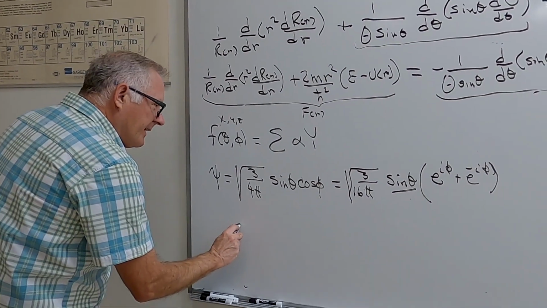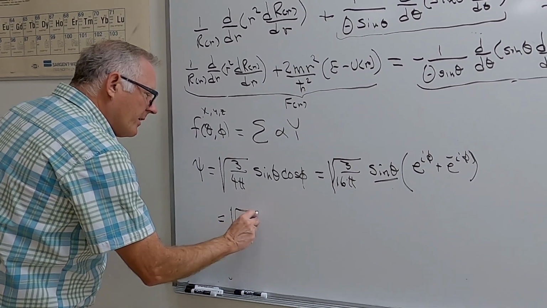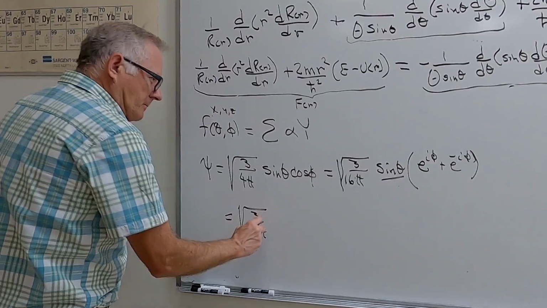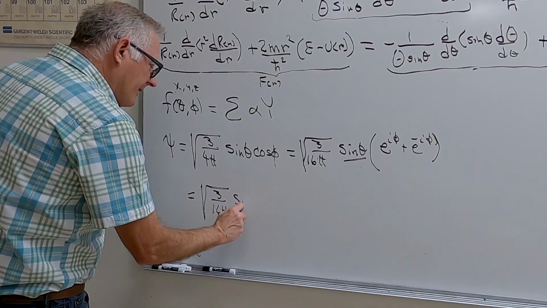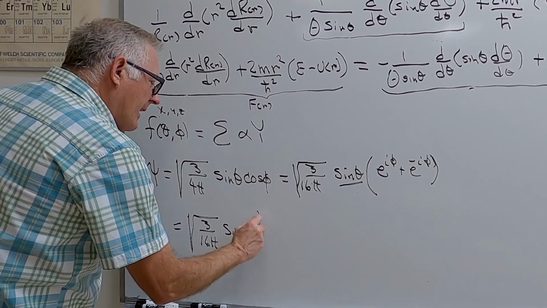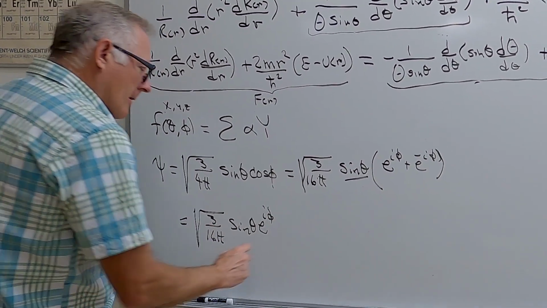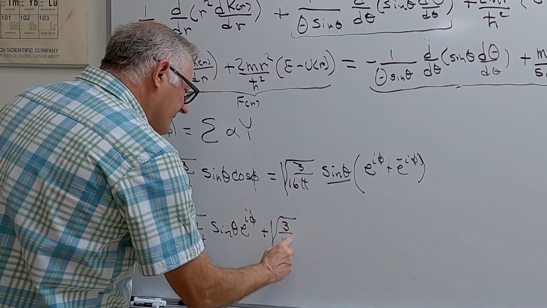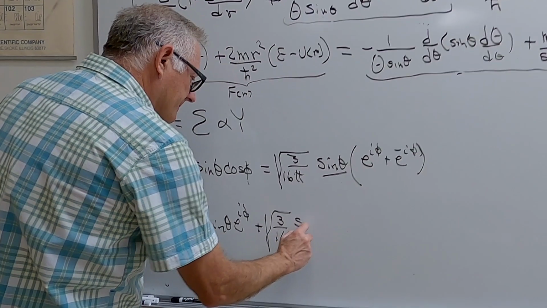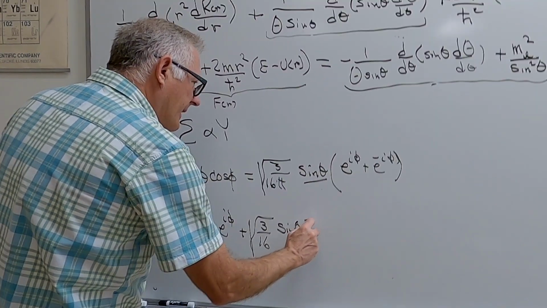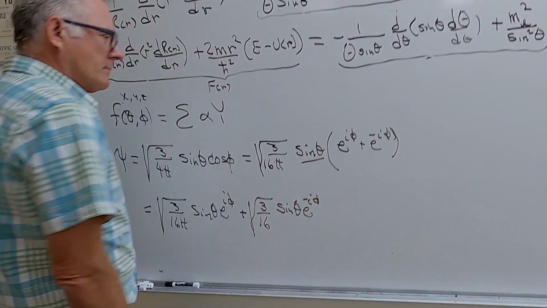So I can write this as the square root of 3 over 16 pi, sine theta, e to the i phi, plus the square root of 3 over 16 pi, sine theta, e to the minus i phi.